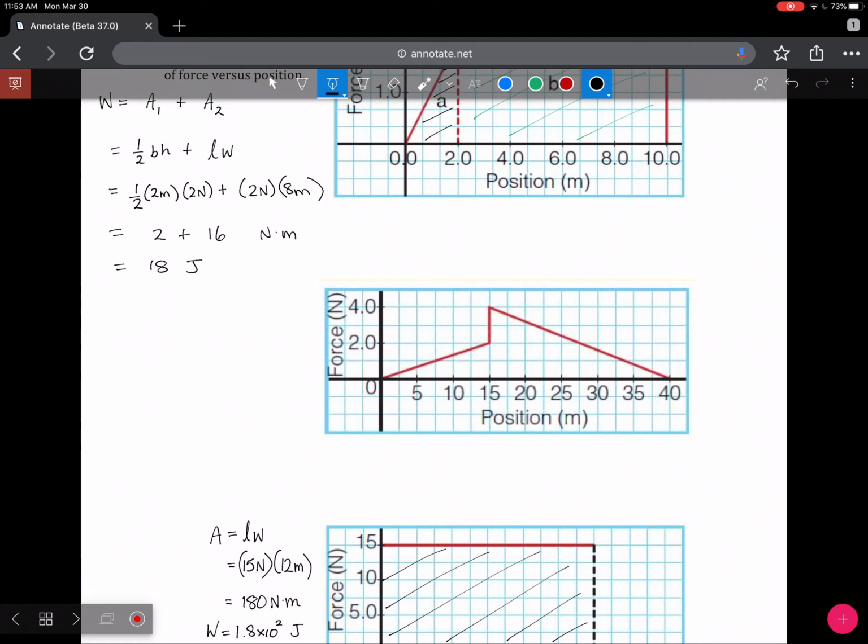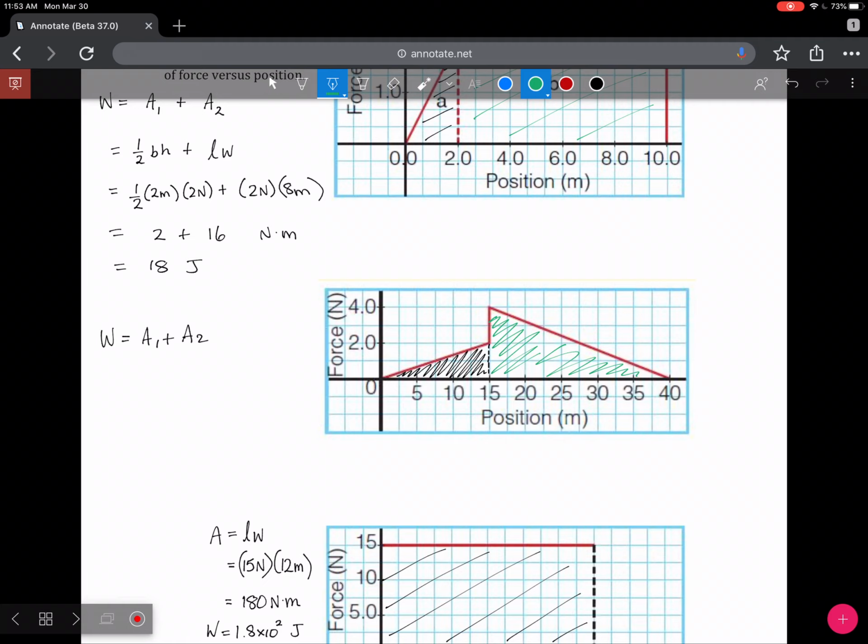Now for this second one, it looks like we can divide the shape into 2 triangles. The work will be A1 plus A2, and we shade from the graph to the x-axis, 2 shapes.